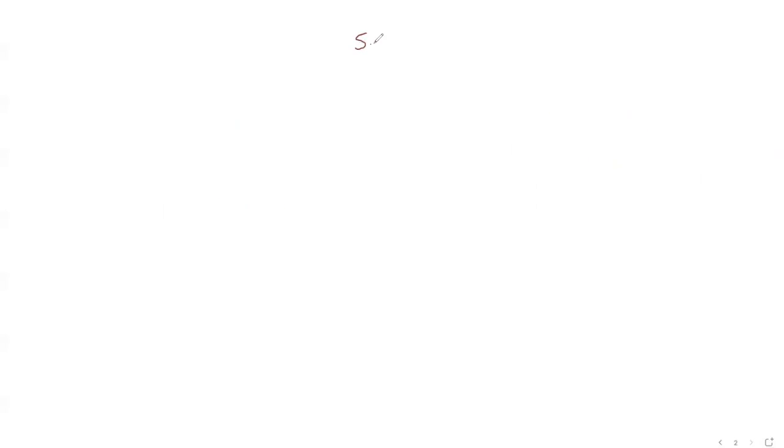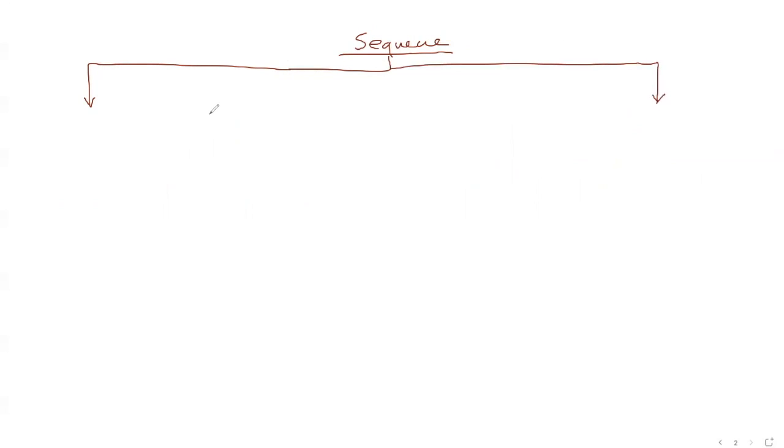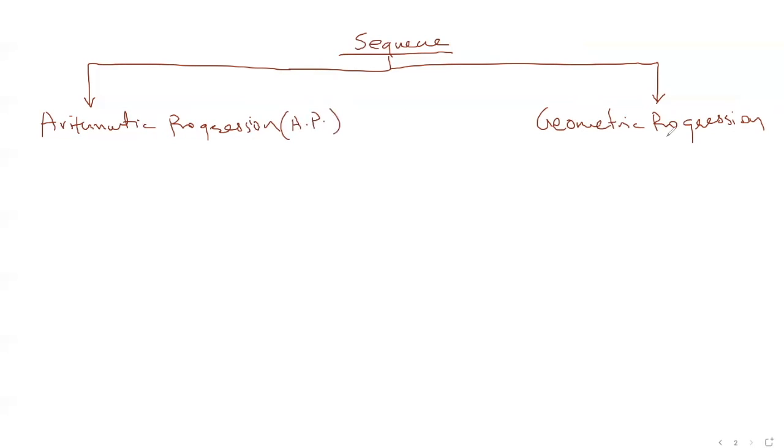When I say a sequence, it can be divided into two main types. The first one is called arithmetic progression, and the other one is called geometric progression. Let me give you an example of what an arithmetic progression, the short form is AP, and a geometric progression, GP, is all about.